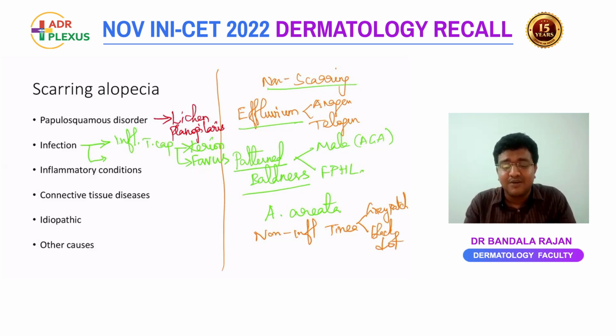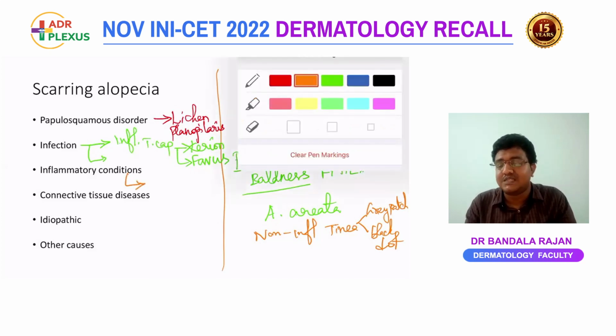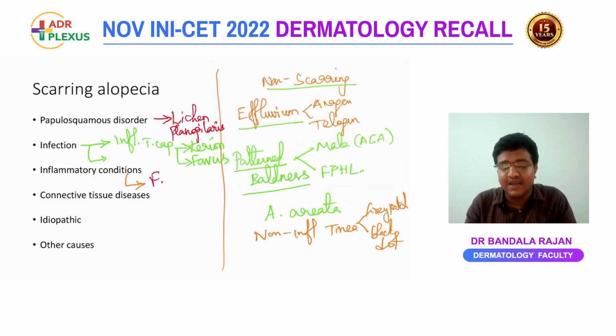In inflammatory conditions, scarring alopecia is caused by folliculitis decalvans. The name itself makes it visible: decalvans, which is scarring alopecia. Other than that, dissecting cellulitis of the scalp.